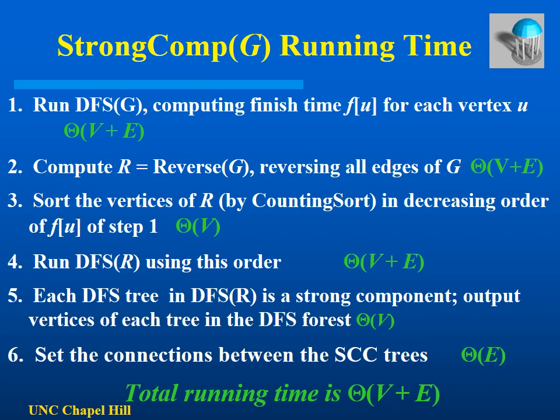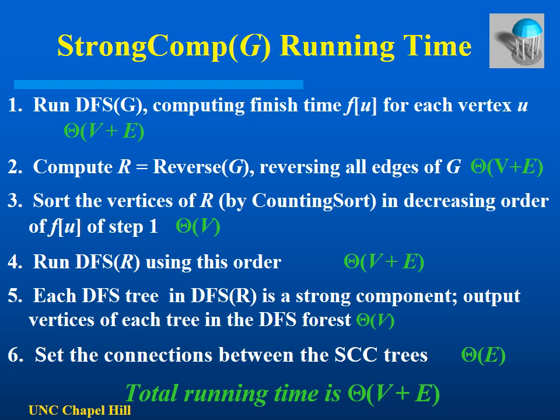We then need to get our toposort order. We could have done that within the original DFS, but if we do it separately, we're simply sorting the vertices in decreasing order of the finishing time, and we know what the finishing times are, so we can do that with counting sort, which is order the number of vertices. So that's theta of V. We run the new DFS on the reverse graph using that order.